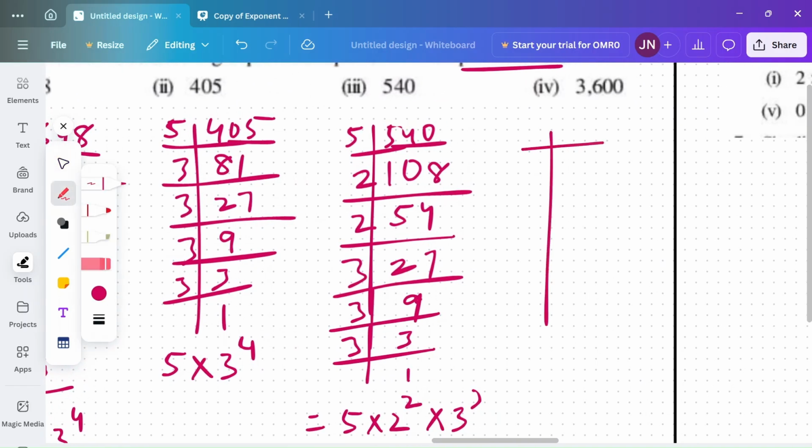The last one is 3600. We feel tempted quite a lot to divide by 10 because there are zeros, but don't, okay? You have to use only the prime numbers. Again, 5. I'm taking 5 because it will reduce our calculation time. If you start with 2, it will take a little longer.